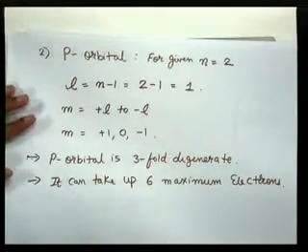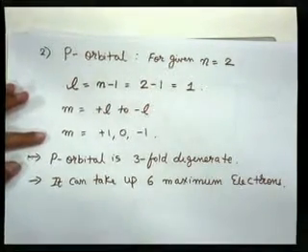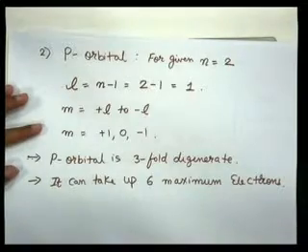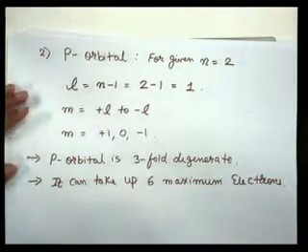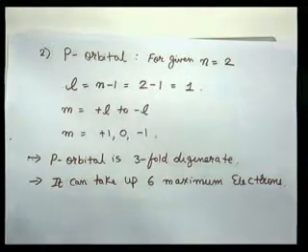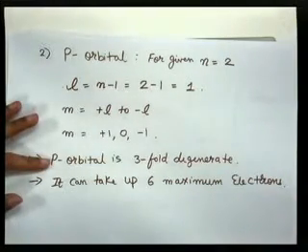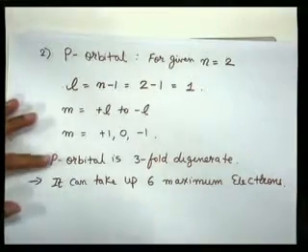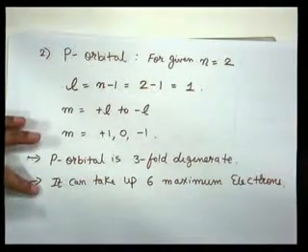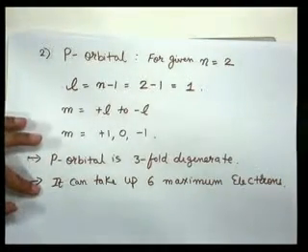From that, your magnetic quantum number comes out to be plus L to minus L, that is plus 1, 0 and minus 1. It means it can take 3 values, and that's why your p orbital is basically 3-fold degenerate. And due to this, your p orbital can accommodate a maximum of 6 electrons.